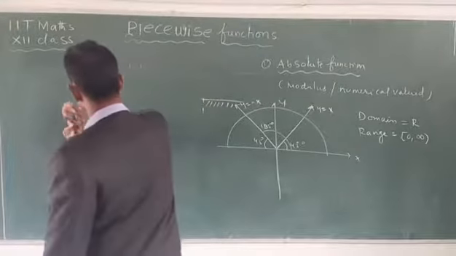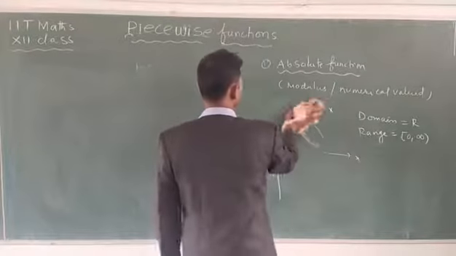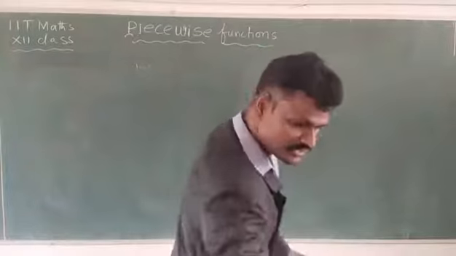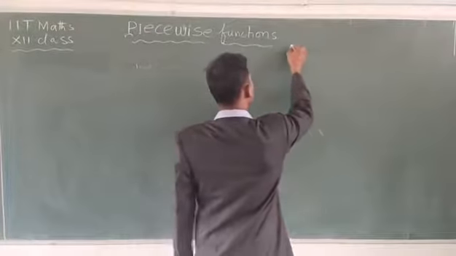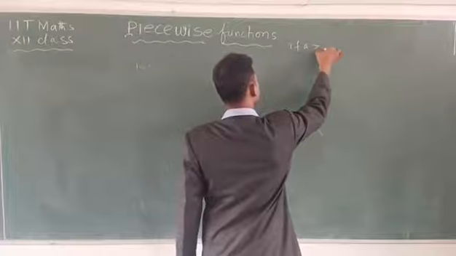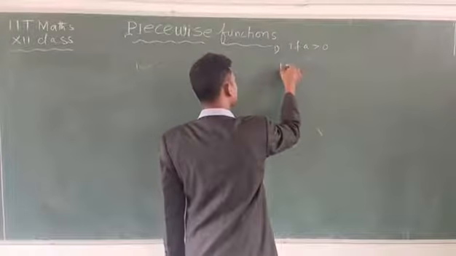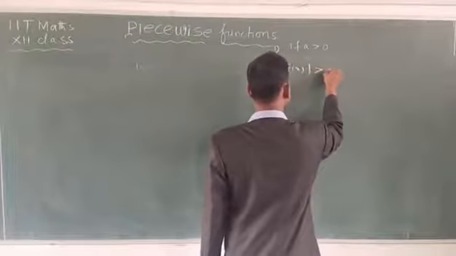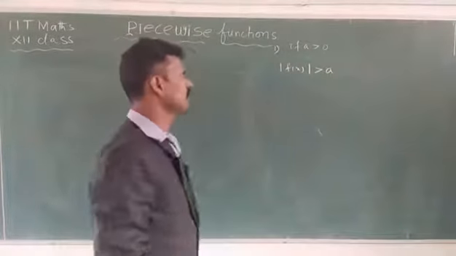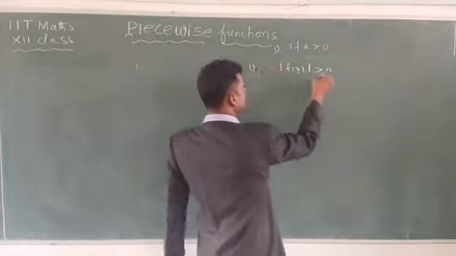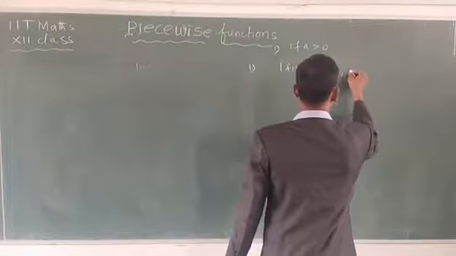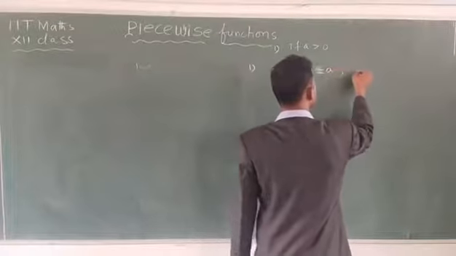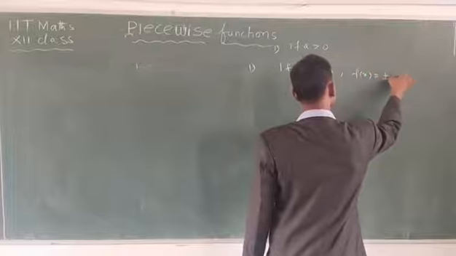Here we have to take three cases. If a is greater than 0, first, modulus of f of x is equal to a, then f of x is equal to plus or minus a.